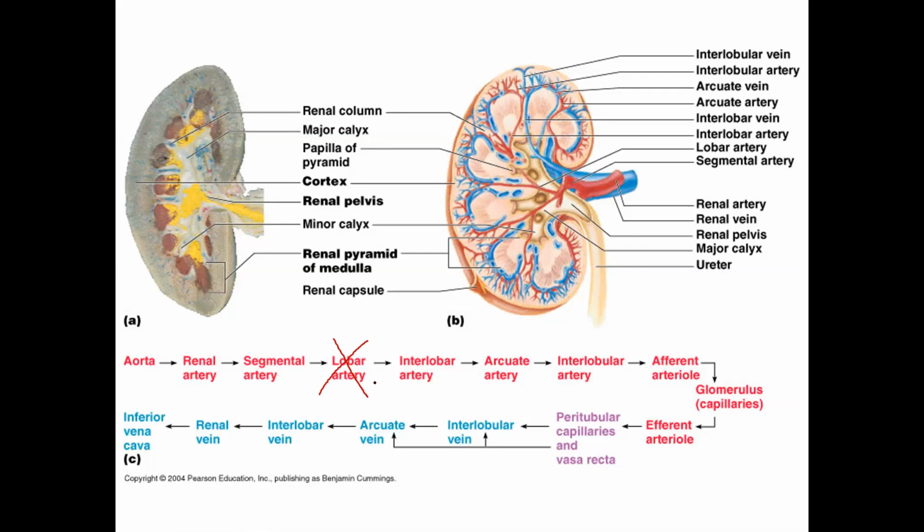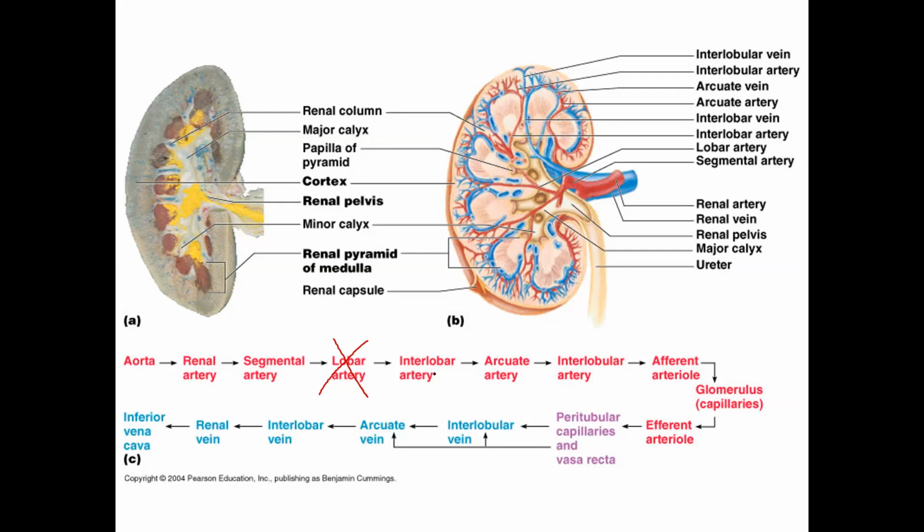All right. So the aorta branches to form renal arteries. Renal arteries branch to form segmental arteries right here, and segmental arteries branch to form interlobar arteries. These interlobar arteries are between the pyramids.